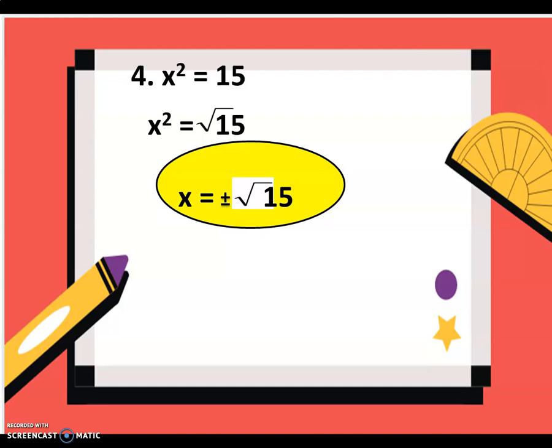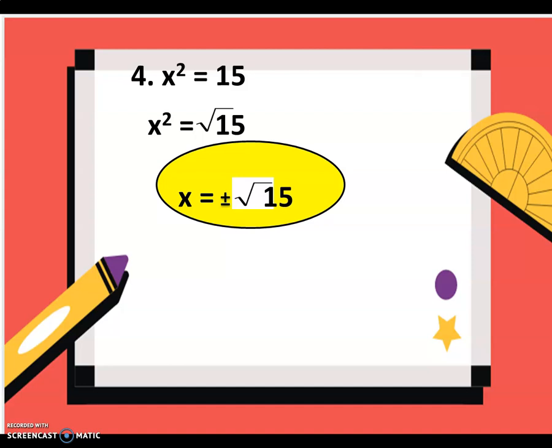Pero kung kukunin talaga natin ang value ng square root of 15, nakadepende pa rin po yan sa inyo. Kagaya nga ng sinabi ko, ang result niyan ay decimal. So, try natin kuhanin ang square root of 15.